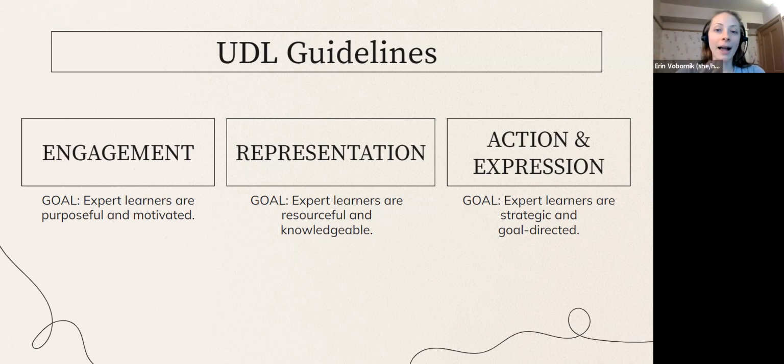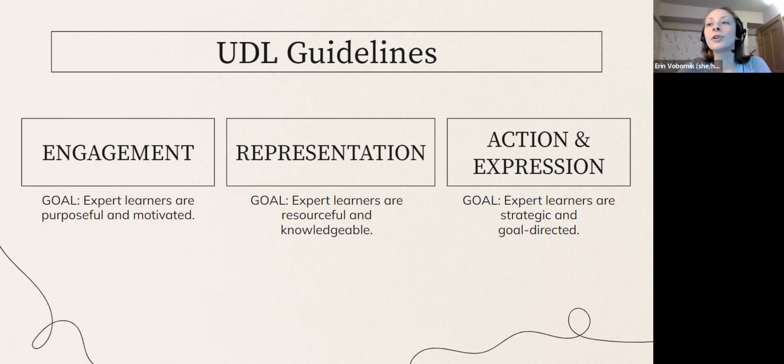So I'm going to start by highlighting the main categories that we use to talk about assessments and lessons. The main categories are engagement, representation, and action and expression. The goal of UDL is to create expert learners, learners beyond the classroom.